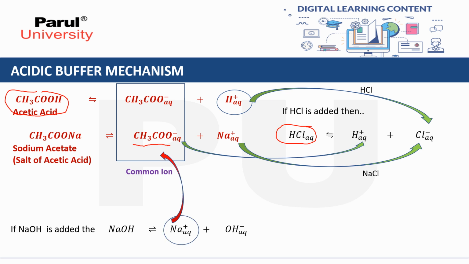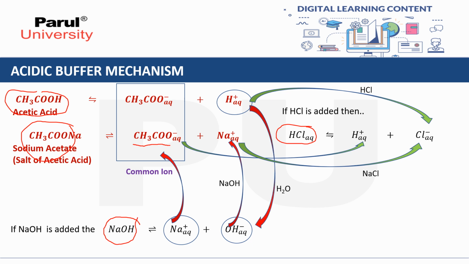In this case, the sodium ion will react with the common ion, the acetate ion, and form sodium acetate. Hence the pH remains the same. And the OH minus ion will react with Na plus ion, which will again form the base which you have already added, with the same pH. And the hydrogen ion, when it combines with OH minus ion, will form neutral water.